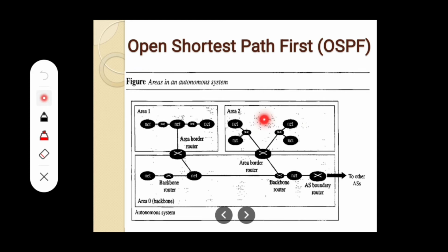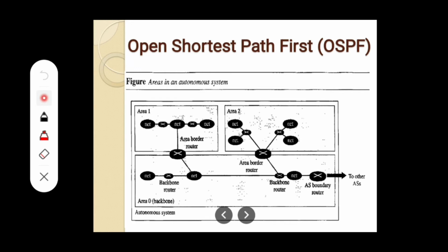So if area 2 wants the information about area 1, this area border router will give this information to area 2. If area 1 wants the details of area 2, the area border router of area 2 will give information to area 1. So that is called an area border router. It is present at the border of the particular area.